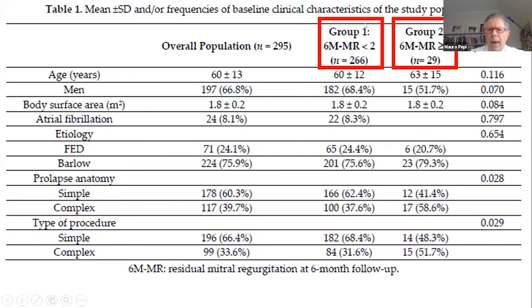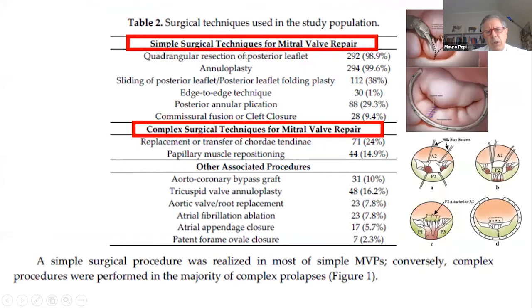And finally, the majority had at 6 months less than 2 minor or trivial or mild mitral regurgitation, versus few cases, 29, who had moderate or severe mitral regurgitation. We divided simple surgical techniques, particularly the typical quadrangular resection, versus the complex surgical techniques, in particular replacement, transfer of chordae, neochordae, papillary muscle reposition, and other complex procedures.